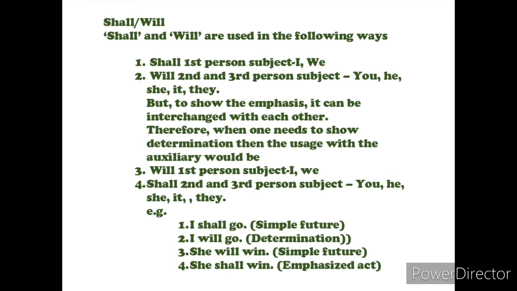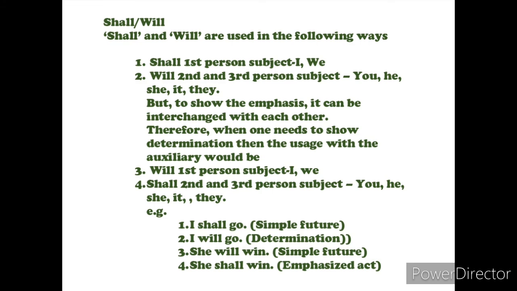Therefore, when one needs to show determination, then the uses with the auxiliary would be like this: will is used with first person subject I and we, and shall with second and third person subjects like you, he, she, it, and they. For example, if I say I shall go, there is a simple statement of the future time.